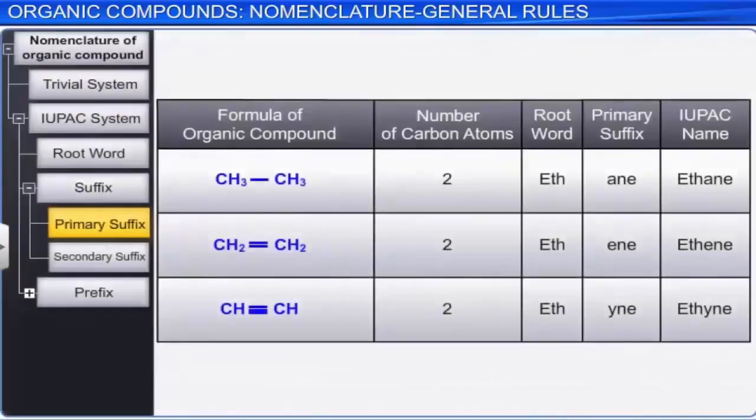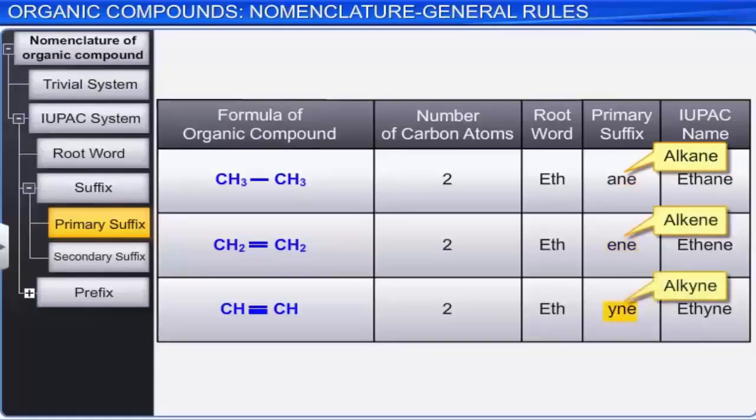A primary suffix is added to the end of the root word. It indicates if a compound is saturated or unsaturated. That is, whether the compound consists of single or multiple bonds. The 3 primary suffixes are ane for alkane, ene for alkene, and yne for alkyne.